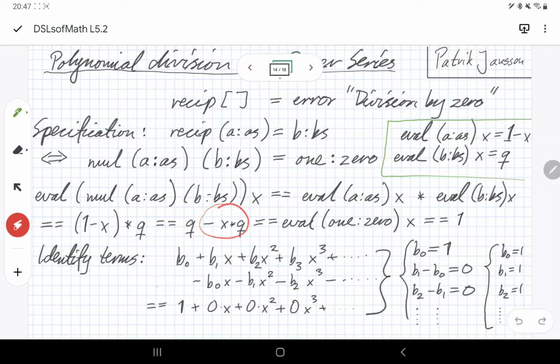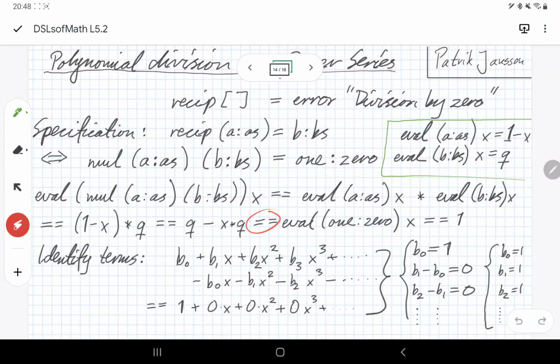And then we should subtract x times q, so subtract x times b0. And I've moved this one step. Remember, I also said that multiplying by x is shifting the coefficients one step. So now we have b0 below b1 here. Similarly, b1 is below b2, b2 is below b3, and so on. So the first row here is q, and the second row here is minus x times q.